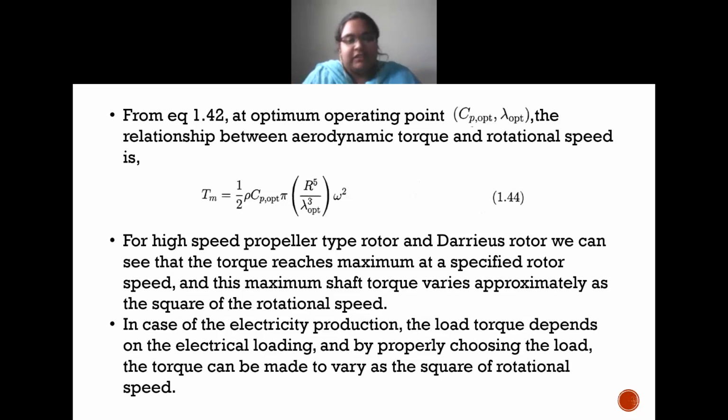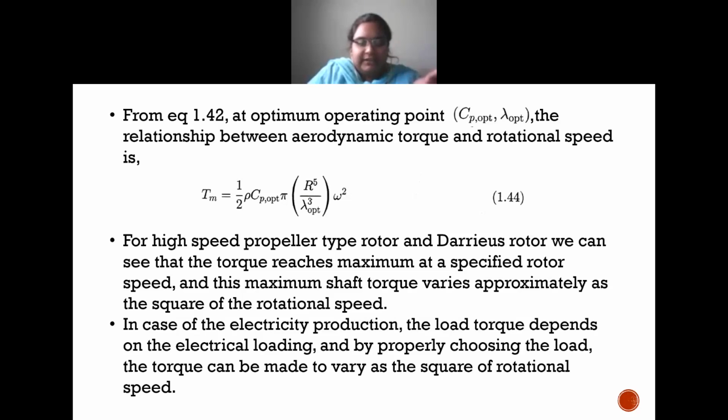In the case of electricity production, the load torque depends upon the electrical loading, and by properly choosing the load, the torque can be made to vary as the square of the rotational speed. Generally, we need to maintain the relation such that the torque is directly proportional to the square of the rotational speed.